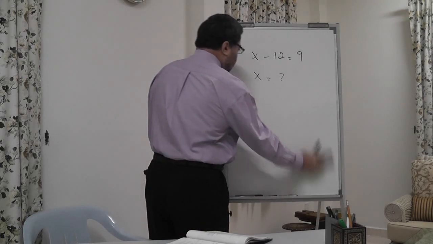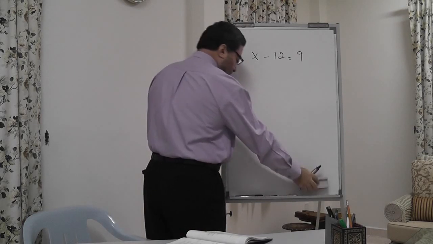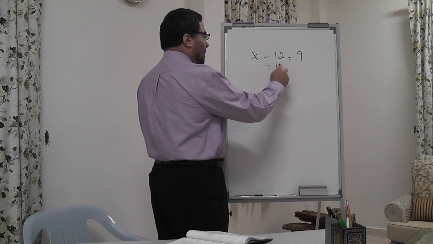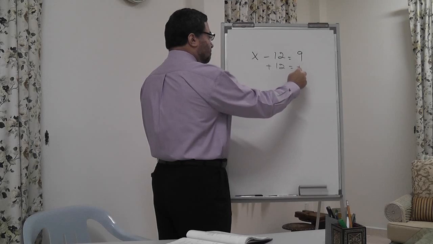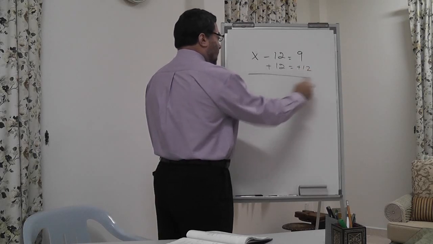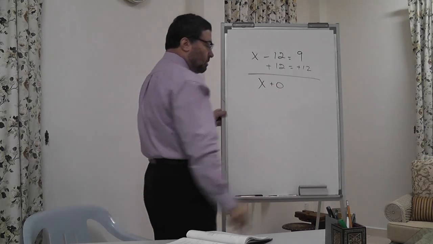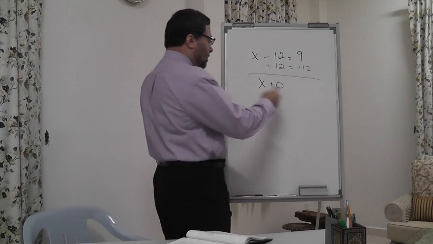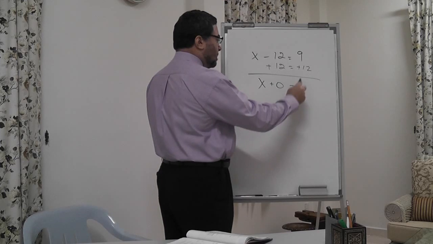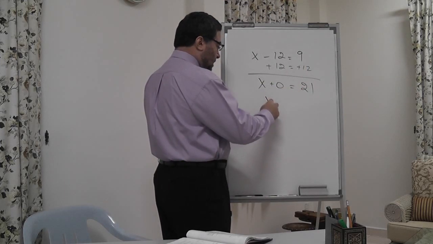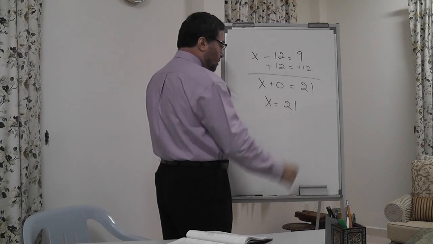So my technique to isolate x is to get rid first of the 12 on this side, and I do this by adding 12 to both sides. Then I will have x, this will be a 0, and we remember from the property of 0 that if you add it to any number, it does not change the number. And we add these two numbers and we get 21. So my x is equal to 21.